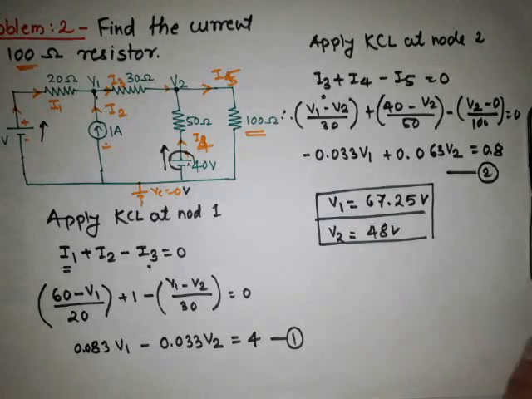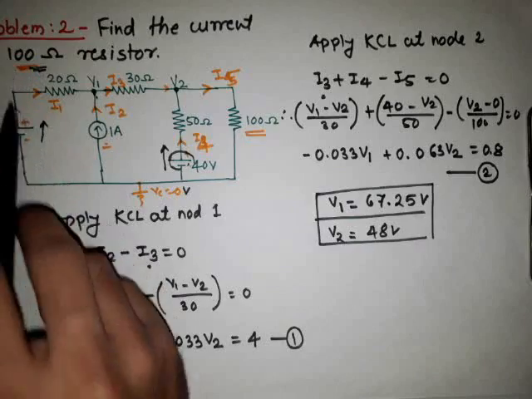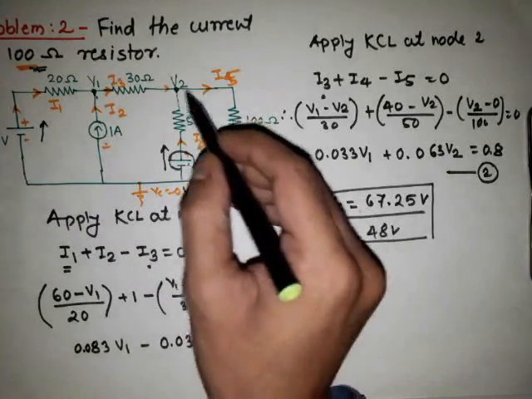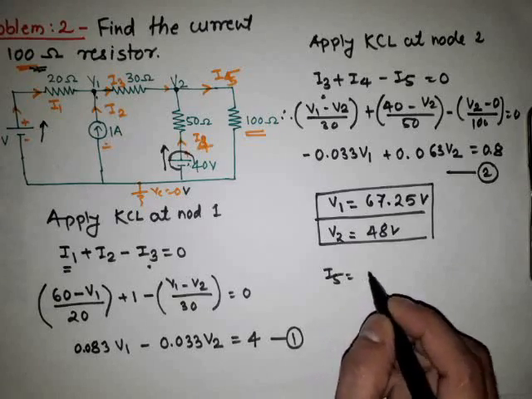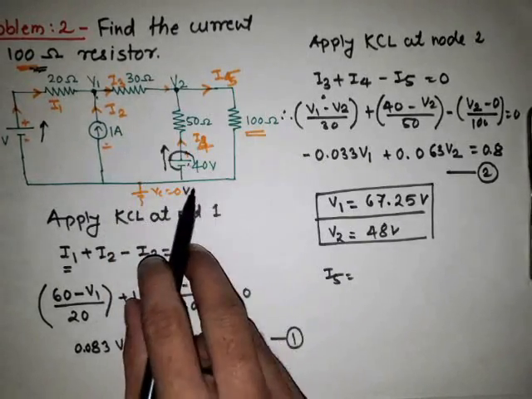Now the actual question is to find the current through the 100 ohm resistor, and the current through the 100 ohm resistor is I5. We know the equation for I5: initial voltage minus final voltage.